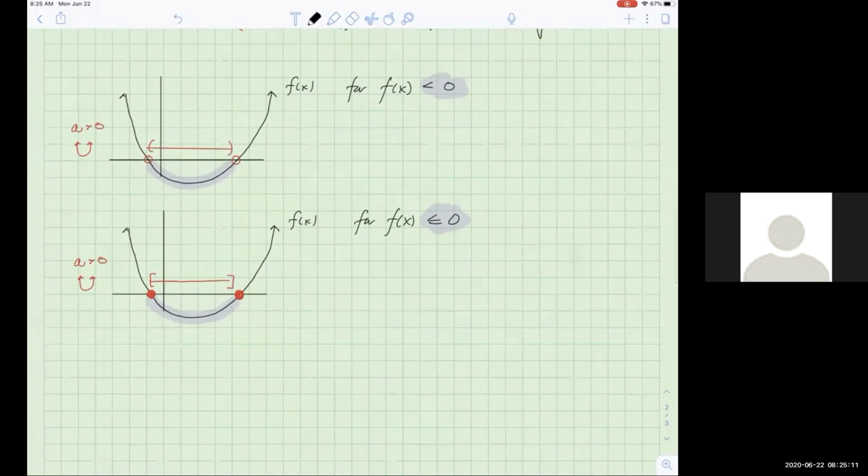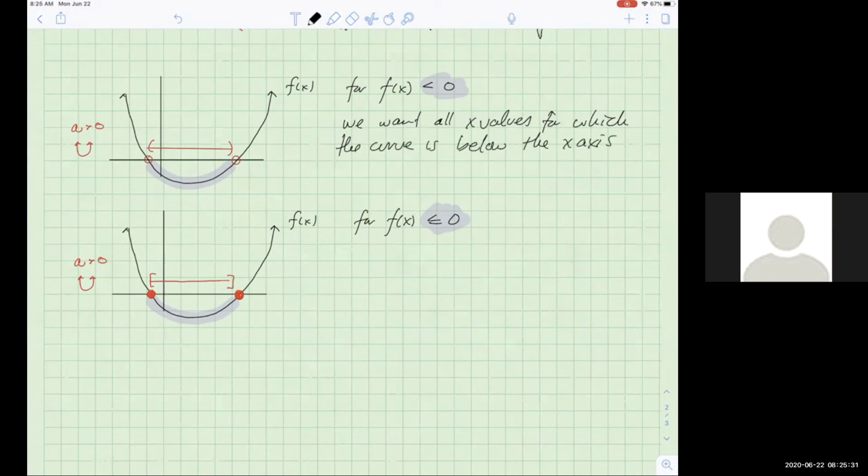In the next scenario, we want all x values for which the curve is below the x-axis.